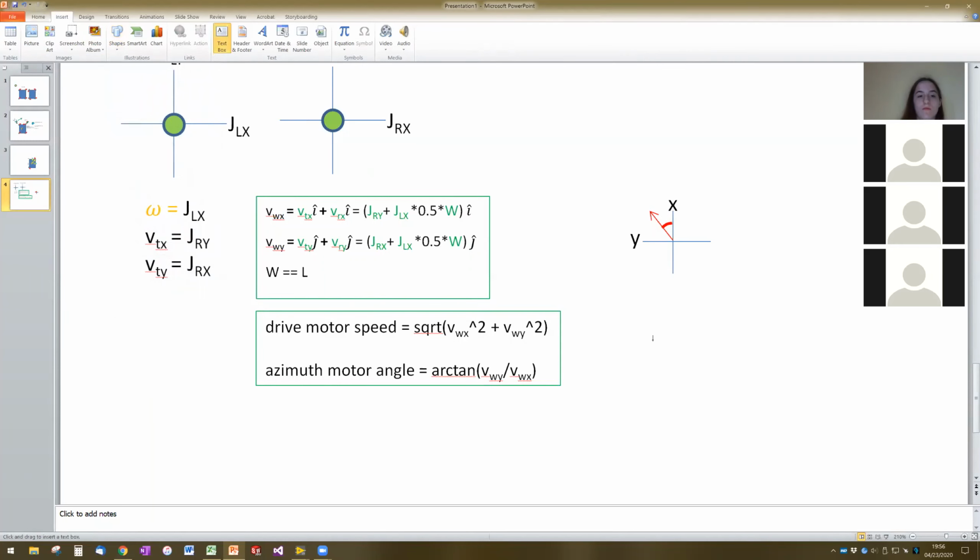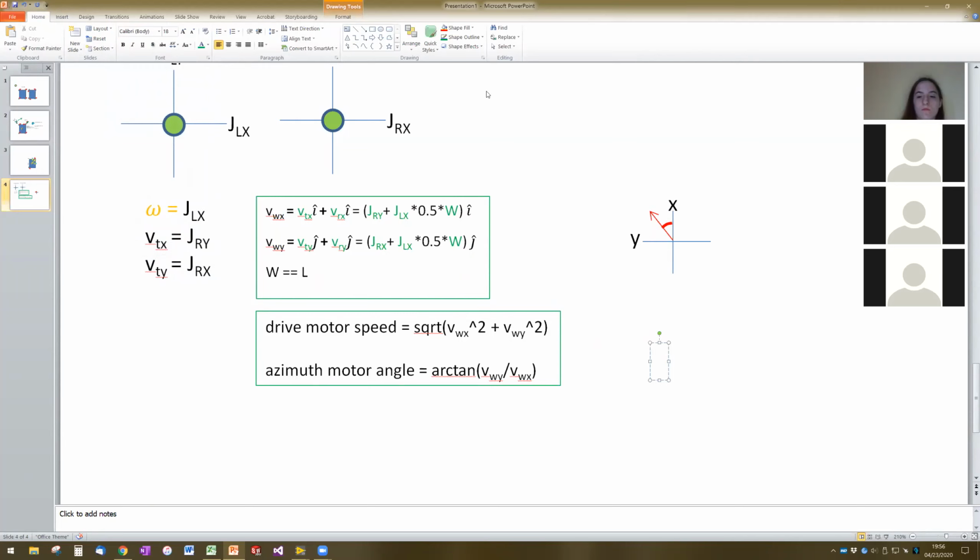So if we had velocity, I'll call it speed for module 0 equal 2, and speed for module 1 equal 1.5, and speed for module 2 equals 0.8, and speed for module 3 equals 0.5. Those are totally valid numbers that could come out of the math.